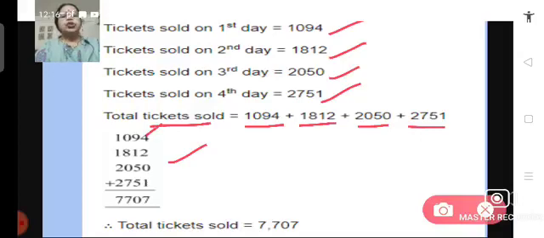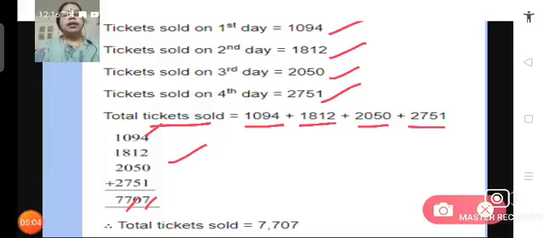So 4 plus 2 plus 1 gives us 7. 9 plus 1 plus 5 plus 5 gives us 20. So we write 0 and carry over 2. 2 plus 8 plus 7 gives us 17.